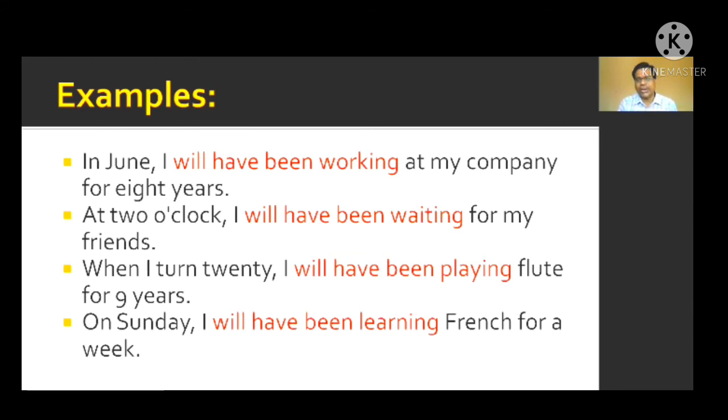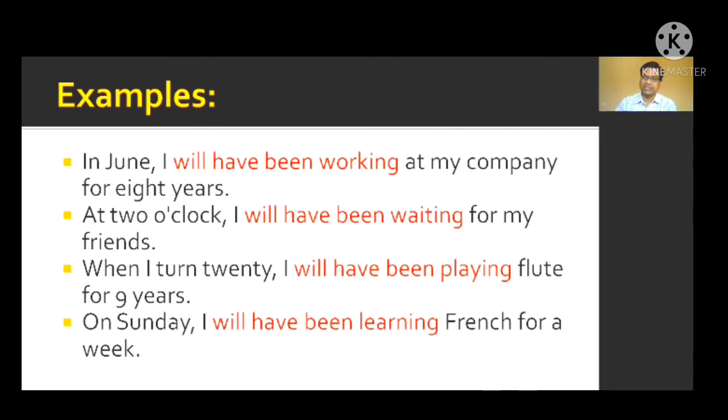When I turn 20, it means now what is your age? Okay, I can't say. But when I turn 20, I will have been playing flute for 9 years. It means, probably at the age of 11 or 12, I started playing flute.